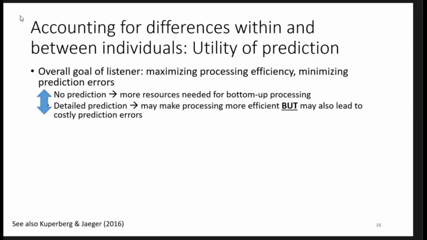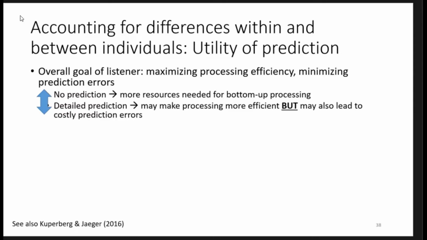But the idea is that, as a listener, your goal is to maximize processing efficiency while minimizing prediction errors, because errors are costly. And that results in a trade-off between predicting and not predicting, and it's a continuum. So if you don't predict, processing becomes costly because you need to activate everything from scratch, bottom up, and that's costly.